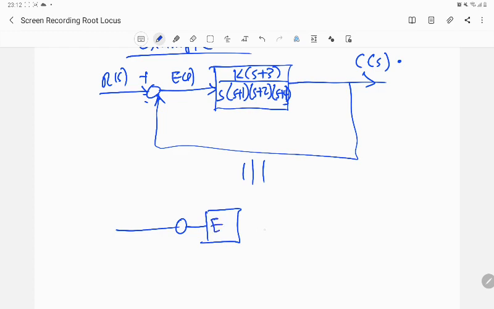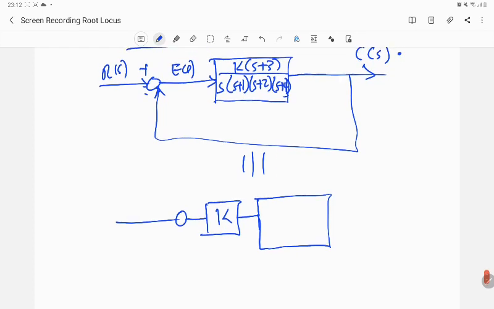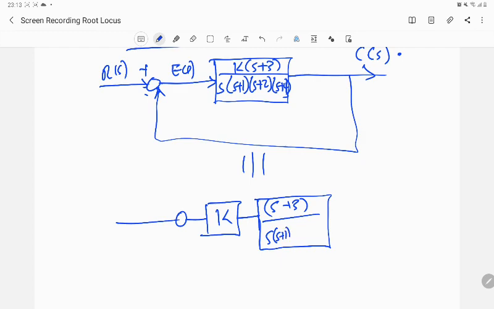K, and then this is (s + 3) over s(s + 1)(s + 2)(s + 3).